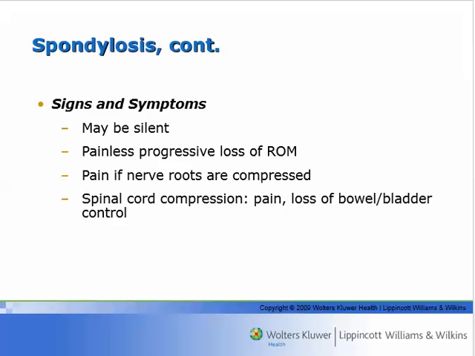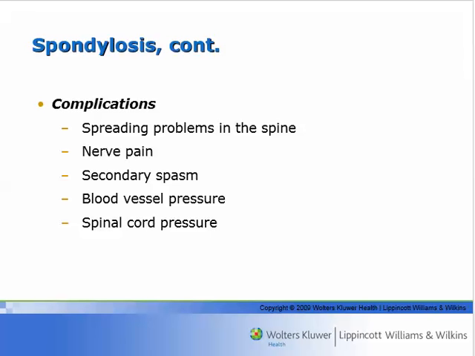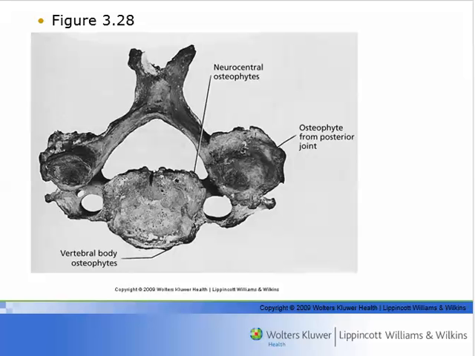It can also cause pressure on blood vessels. This is especially difficult in the cervical spine because if we were to go back to this shot here, this point right here is where the vertebral artery goes and feeds the occipital region of the brain.